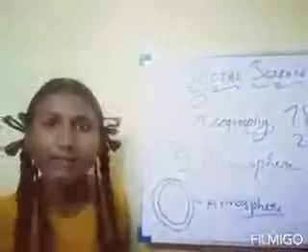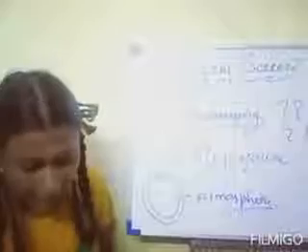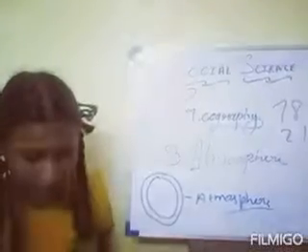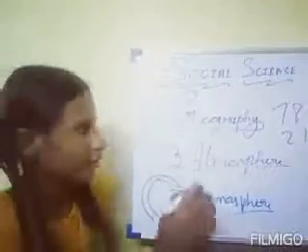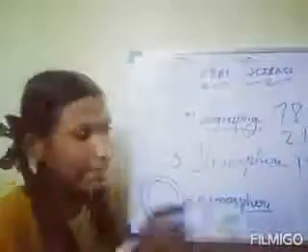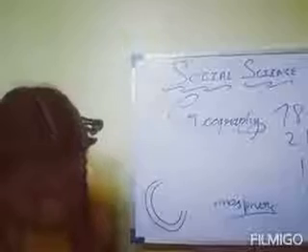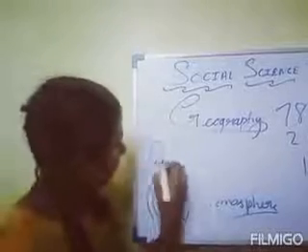In 1772 CE, Daniel Rutherford discovered nitrogen in the atmosphere. His name is Daniel Rutherford.